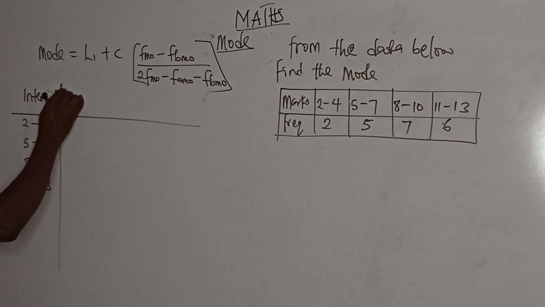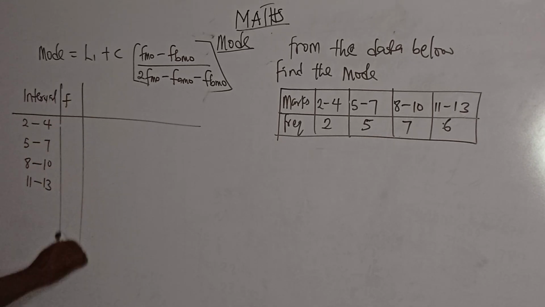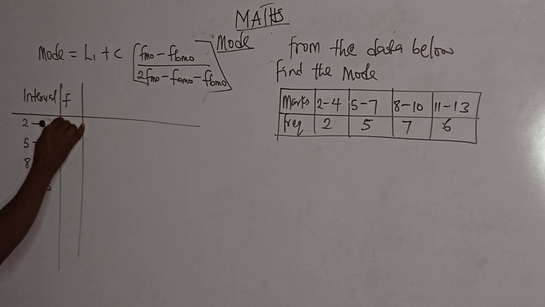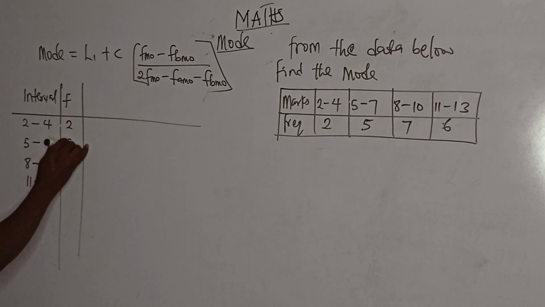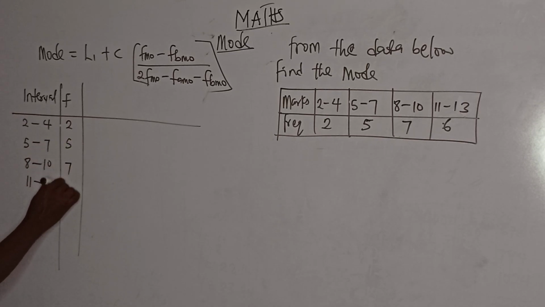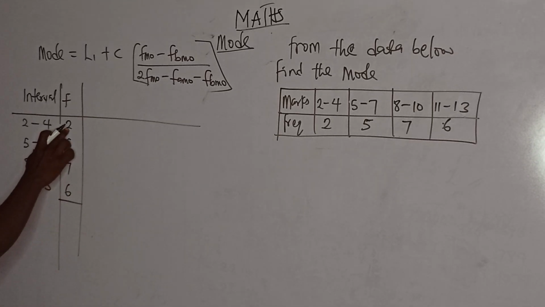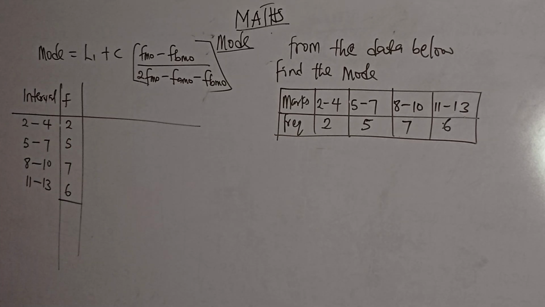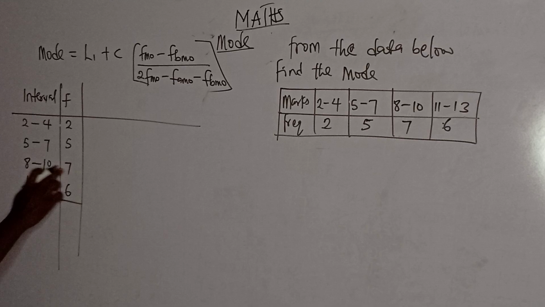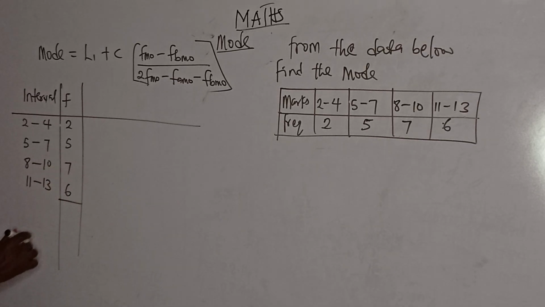Then we have the frequencies, which are 2, 5, 7, and 6. And our total frequency is 2 plus 5, that is 7, plus 7, 14, plus 6 is 20.